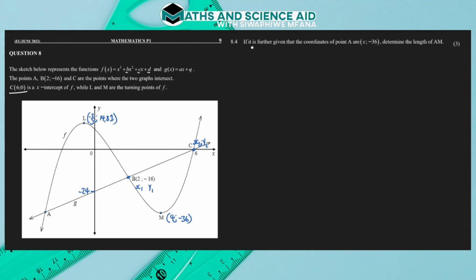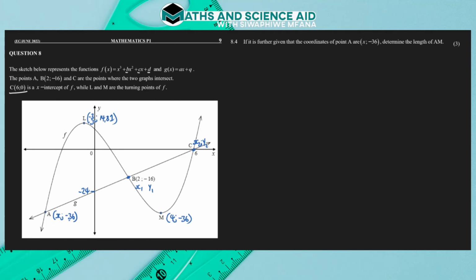8.4. If it is further given that the coordinates of A are x and negative 36, determine the length of AM. Alright, so we are being given here that the coordinates of point A are x and negative 36.